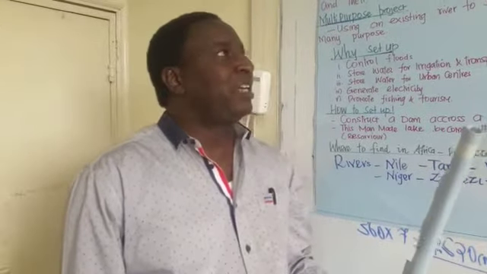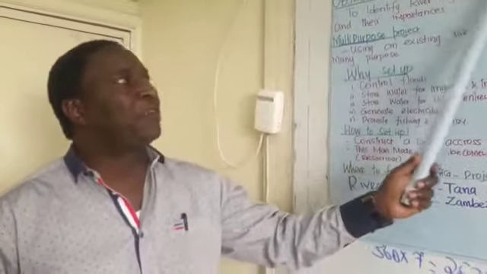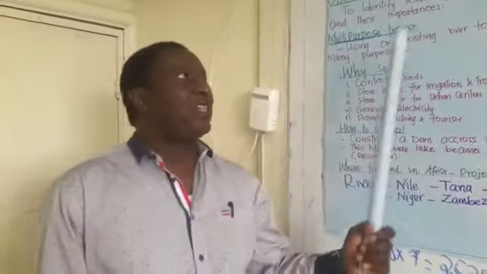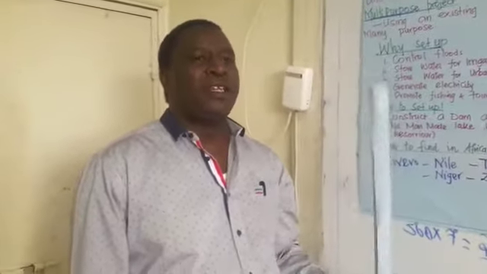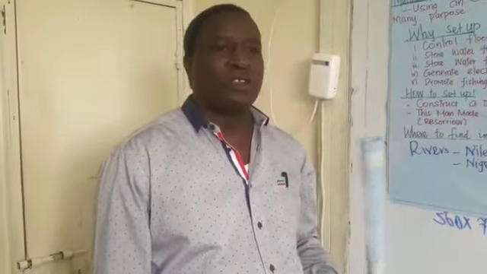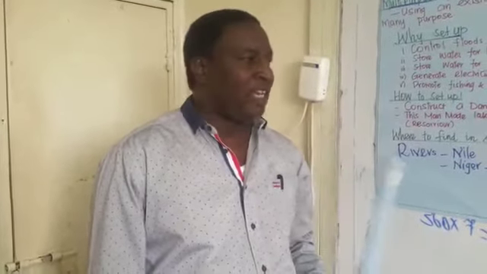This covers what we've been looking through on multipurpose river projects. We have identified our objective for the day, looked at why the river projects have been done and where they have been done in Africa.